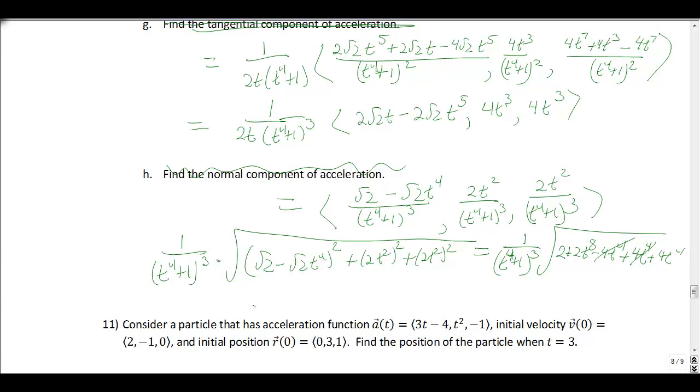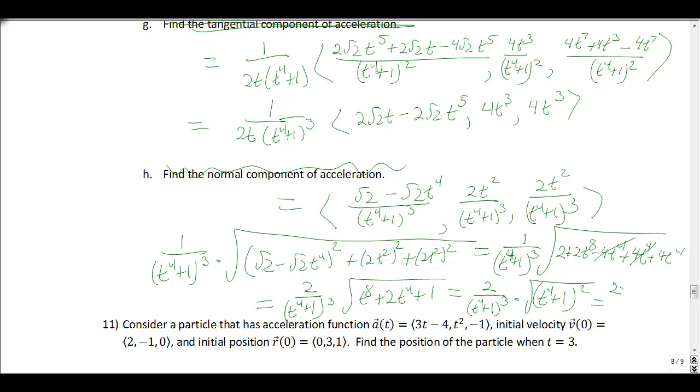I can pull out a 2, and what I get is 2 over t to the 4th plus 1 cubed times the square root of t to the 8th plus 2t to the 4th plus 1. That works out to be 2 over t to the 4th plus 1 cubed times the square root of t to the 4th plus 1 squared.